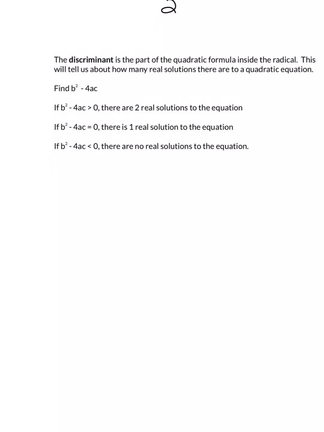If b squared minus 4ac is greater than 0, there are 2 real solutions to the equation. If b squared minus 4ac equals 0, there is 1 real solution to the equation. If b squared minus 4ac is less than 0, there are no real solutions to the equation.